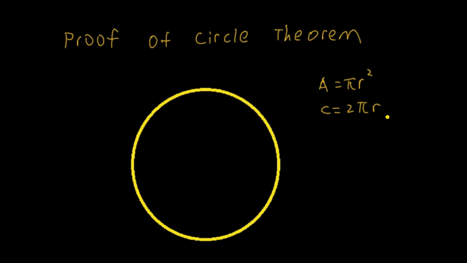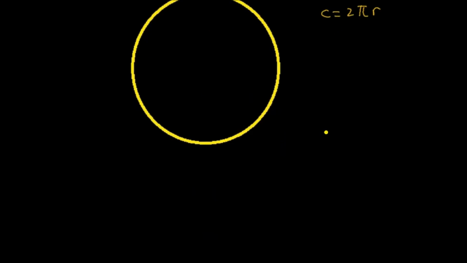Okay, so this is what we know, but what we're going to talk about is something more complicated than that. It's called the circle theorem. So let's talk about the first one. Let's call this property 1. Property number 1, number 1 on my list.